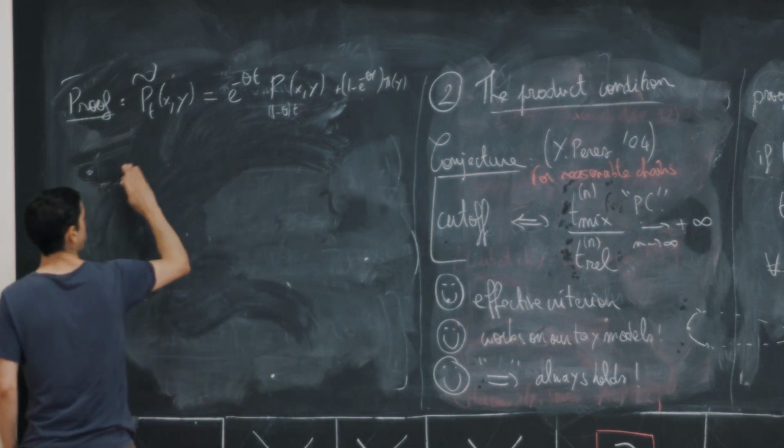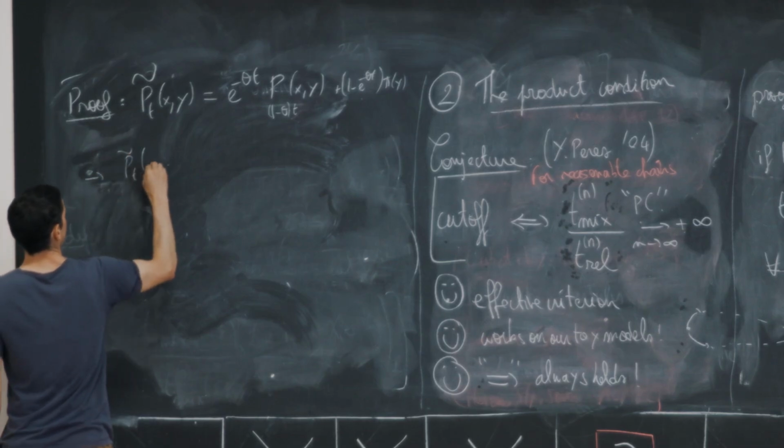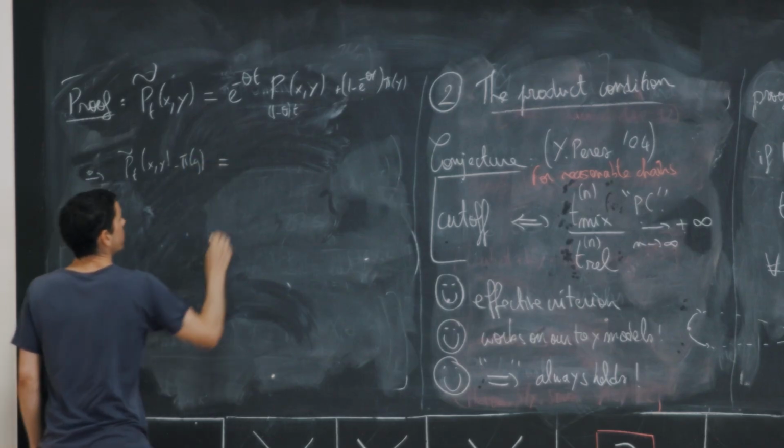Okay, so now you can subtract pi of y on both sides, and what you get is just this.